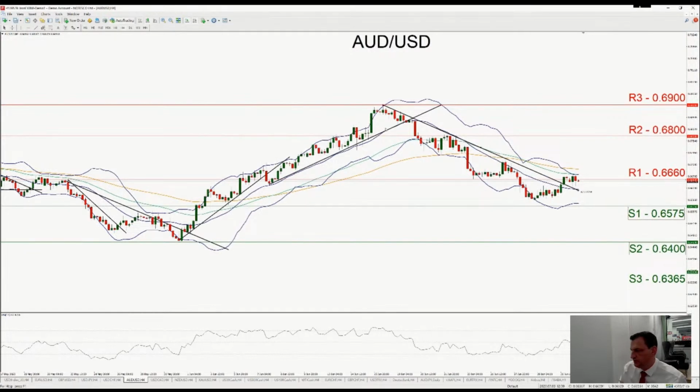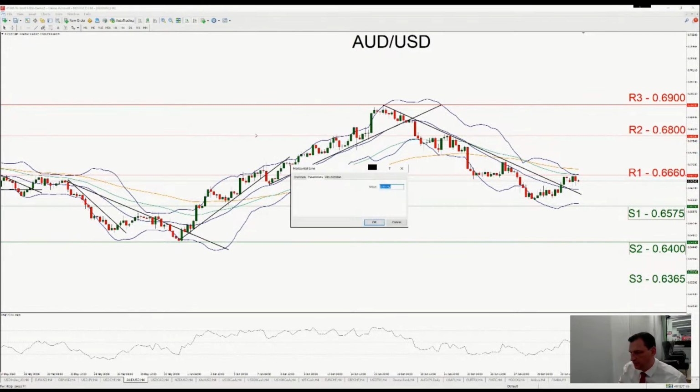The first would be the fact that the downward trend line has been interrupted. On the other hand, we have to note here that the pair edged higher but remains rather stable. Let's correct this a little bit. And that would be at 0.6675.